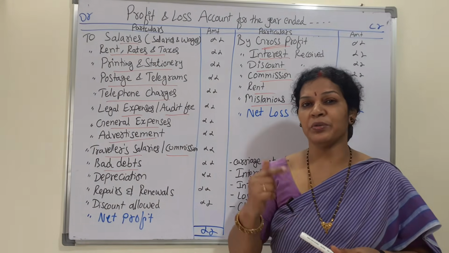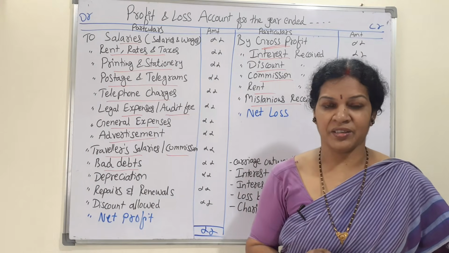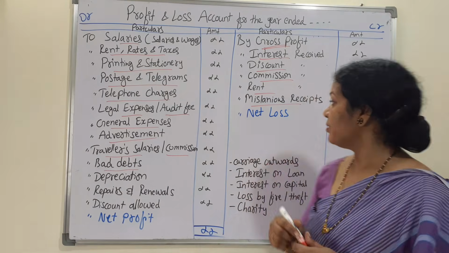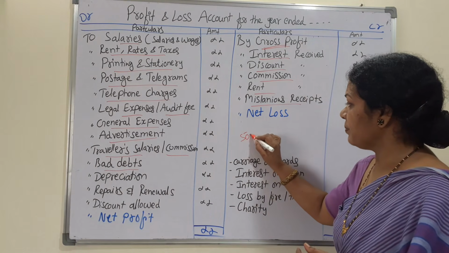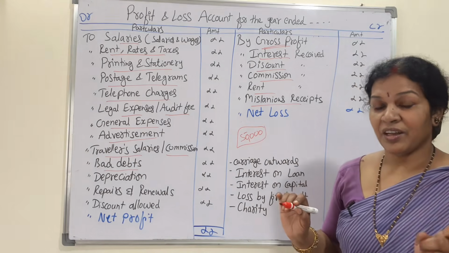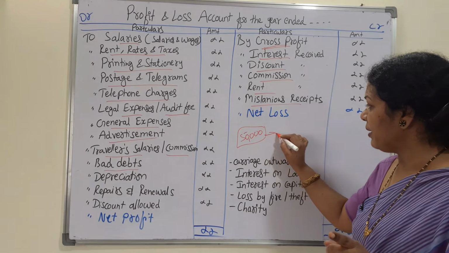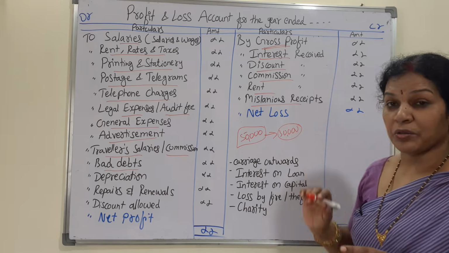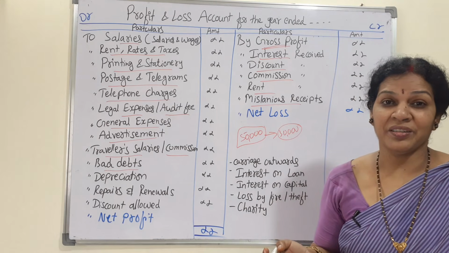Whenever we are selling goods on credit basis, suppose say 50,000 goods I have sold on credit basis, not cash. Out of 50,000, people are paying 30,000. I got 30,000. What about 20,000?